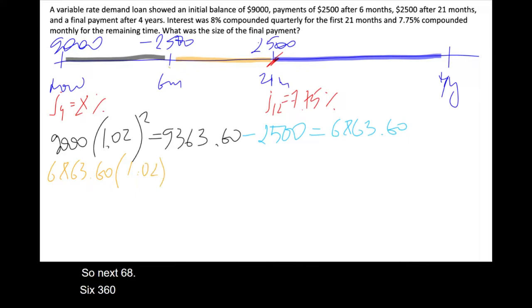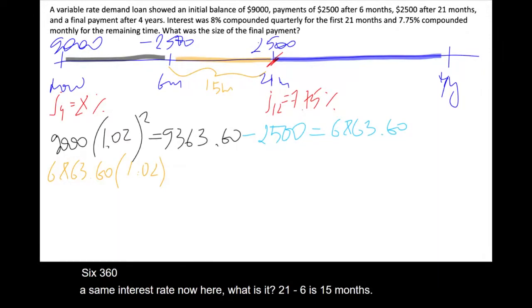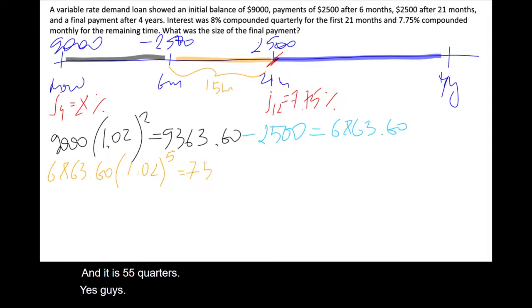Same interest rate. Now here, what is it? 21 minus 6 is 15 months, and it is 5 quarters. Yes, guys. So 7,577.97.